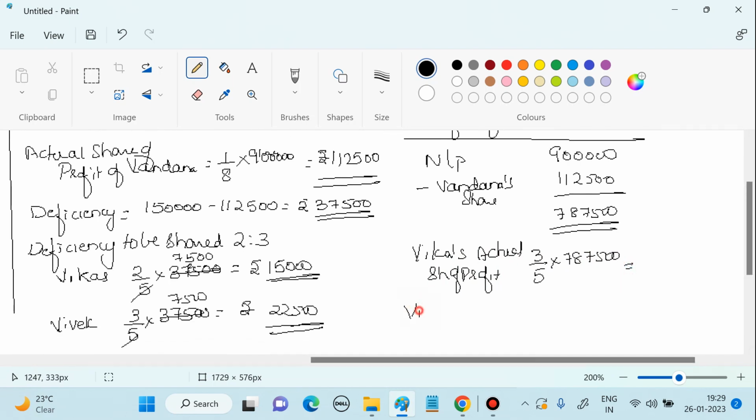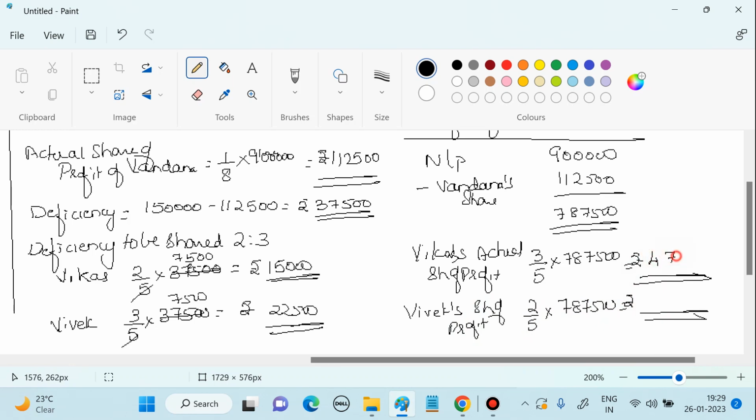And Vivek's share of profit is going to be 2/5 of 7,87,500. Are you all following? That would come to 4,72,500 and 3,15,000. Are the calculations clear? Any doubt?